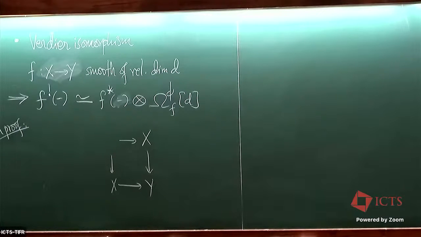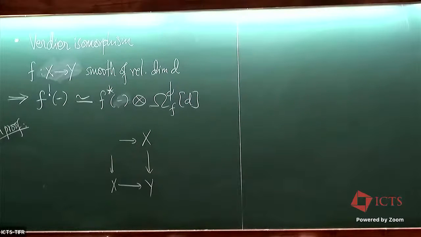We will use this, for example, and you can give a map in this direction, and that map is somewhat explicit, but it is in terms of adjoints. It's obtained by looking at the adjoint of this map and doing something with it.